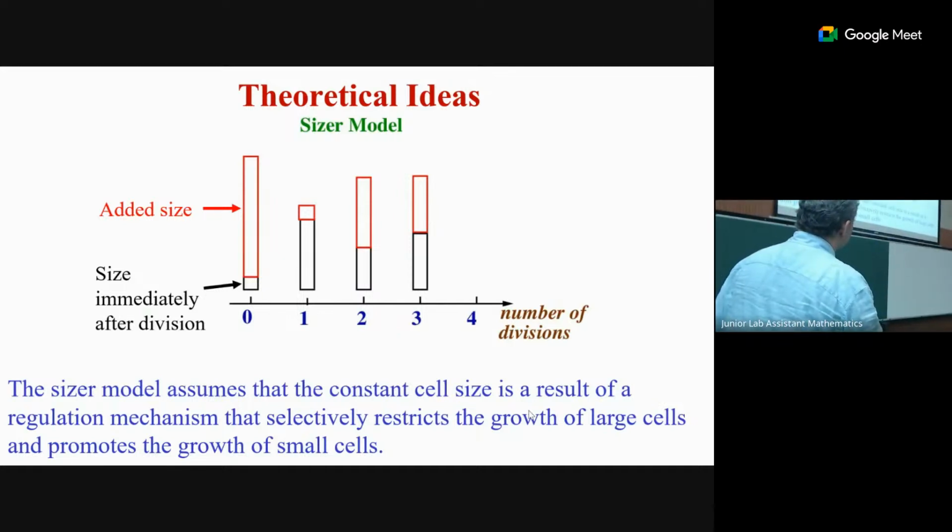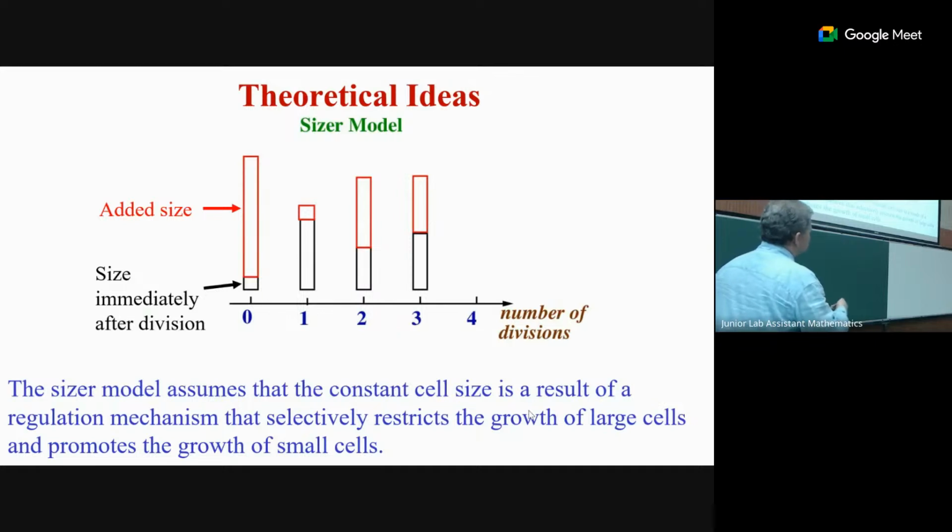So this is the number of divisions, this is the time. They say, if you initially start with a very small cell, the black one, then somehow in the mechanism of bacteria, they actually add a lot of size, so that after the next division, your size will be increased. And if your cell has a large size, you add a little.